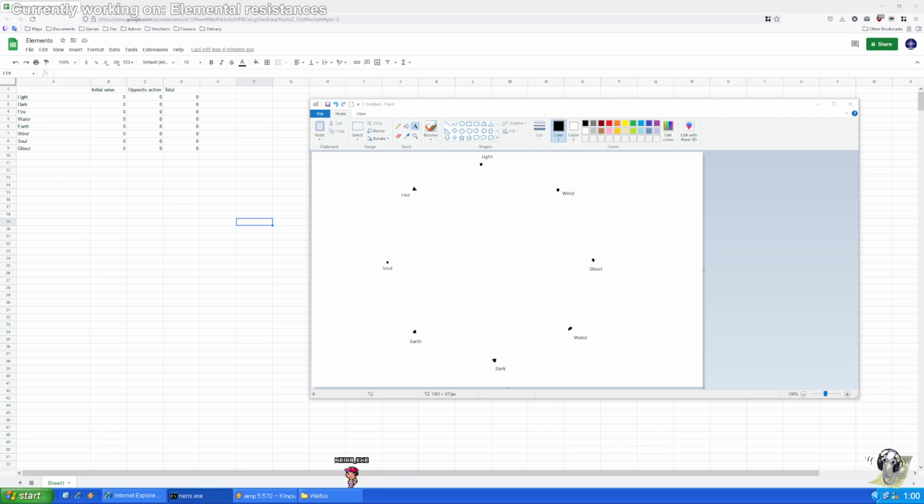Earth should not be close to dark. Water is close to dark, but here should be wind.